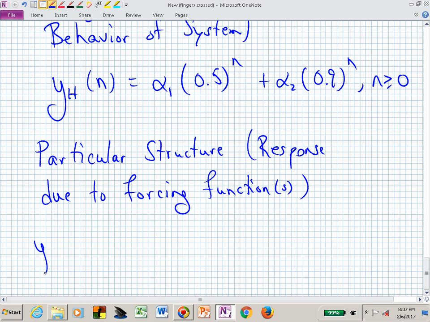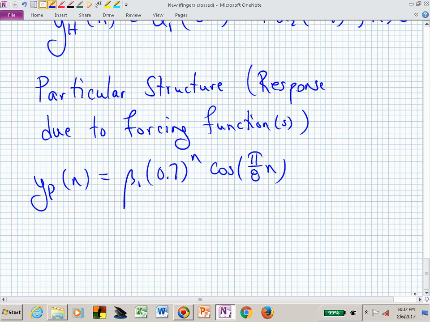So the particular solution is now going to be beta 1, 0.7 to the n cosine of pi over 8n. And if we shake a system with that excitation, we could also get the sine piece. So we now say plus beta sub 2, 0.7 to the n sine.